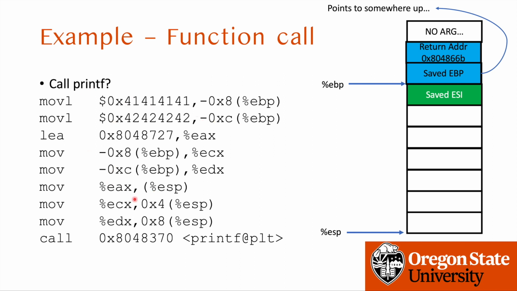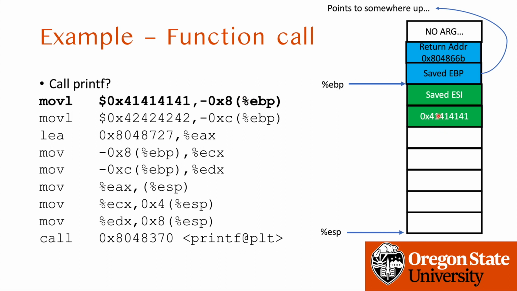These assembly code snippets are extracted from the receive input function, and it's for calling printf with 3 arguments. Suppose there is a function call to printf here. The first instruction puts the value 41414141 as a local variable at EBP-8.